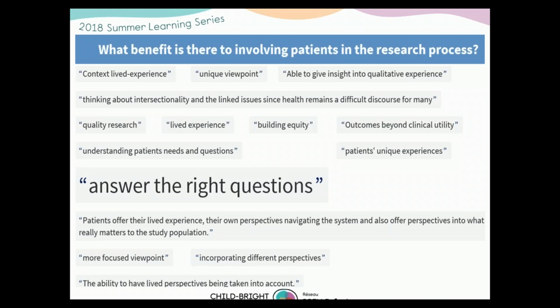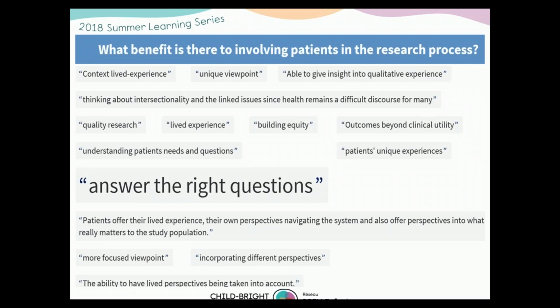Their responses included generating relevant research questions based on the lived experience of patients, focusing on outcomes that were beyond mere clinical utility, and employing patient engagement as a strategy to increase the quality of research outputs.